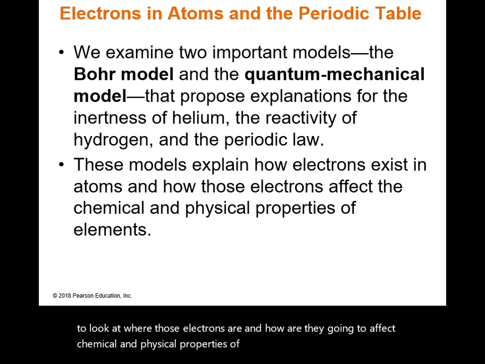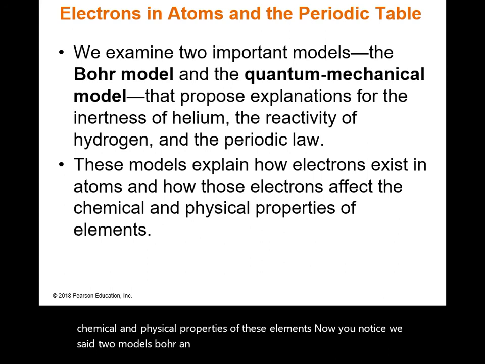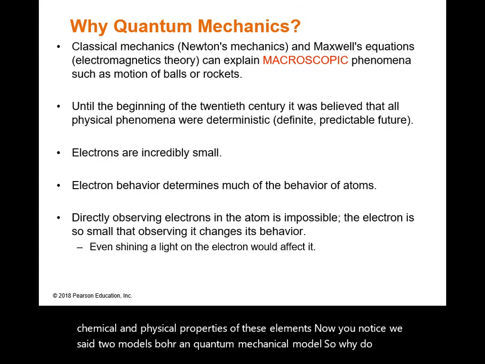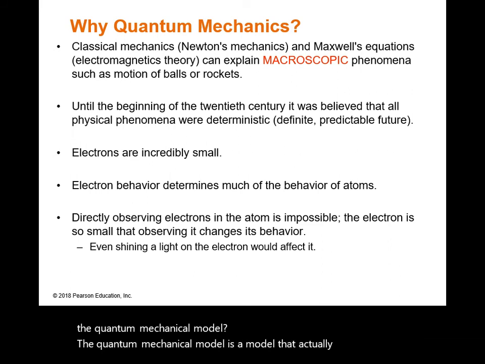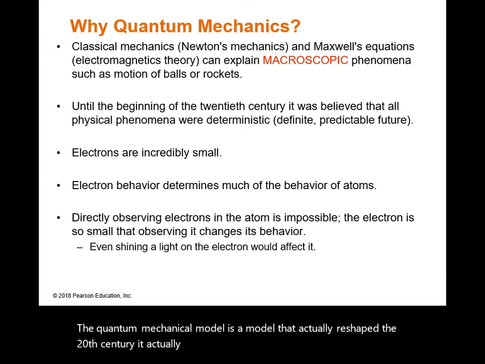Now you notice we said two models, Bohr and quantum mechanical model. So why do we need the quantum mechanical model? The quantum mechanical model is a model that actually reshaped the 20th century. It actually changed the way we look at the world. And up to that point, classical mechanics was used to explain everything.